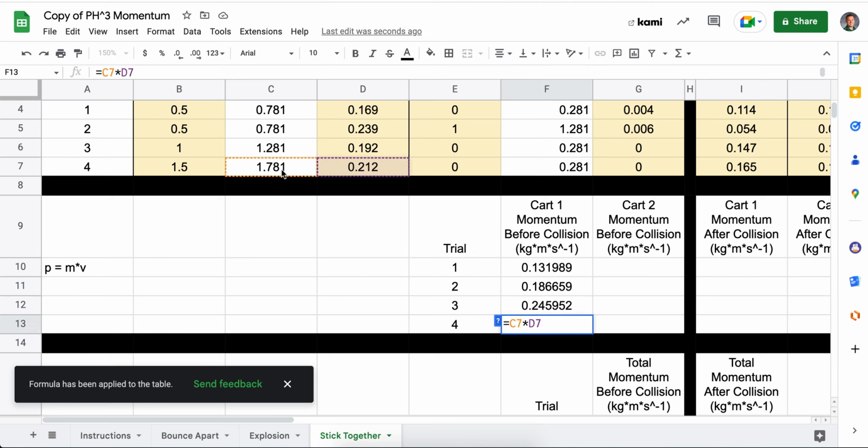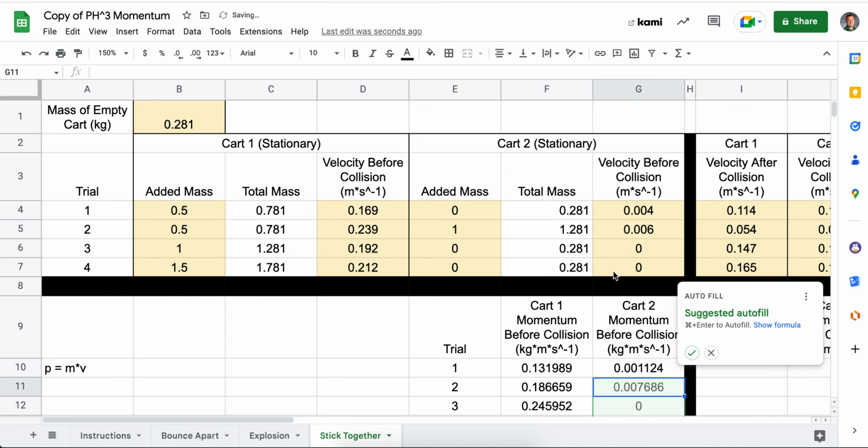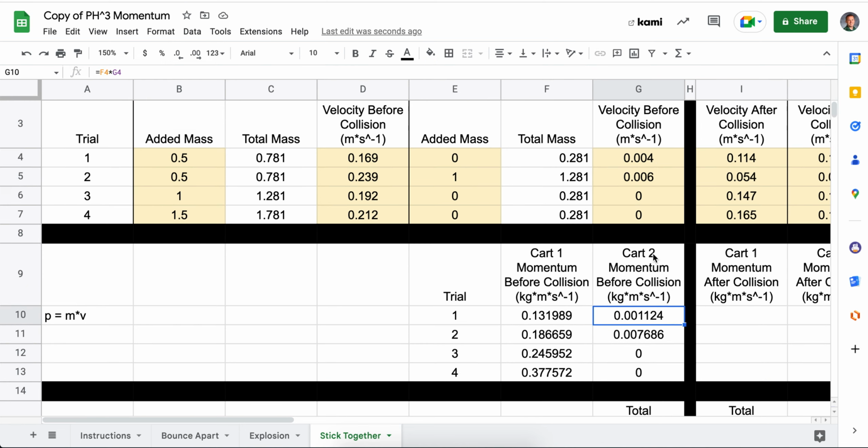I want the total mass times the velocity for that trial. We can do the same thing for cart 2. That's going to equal the total mass of cart 2 times the velocity before the collision. It's going to autofill that. Really, these are close enough to 0 that we could probably just simplify those to 0. But for this group, because they did have some data there, we'll just allow that to stay there.